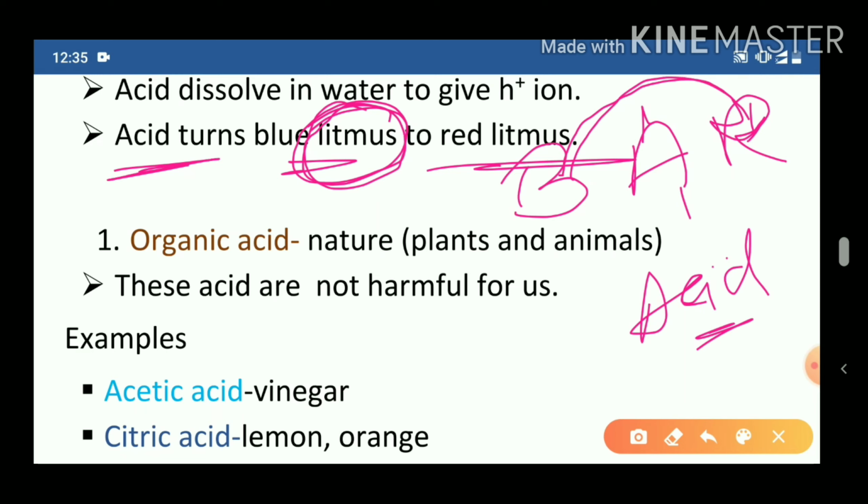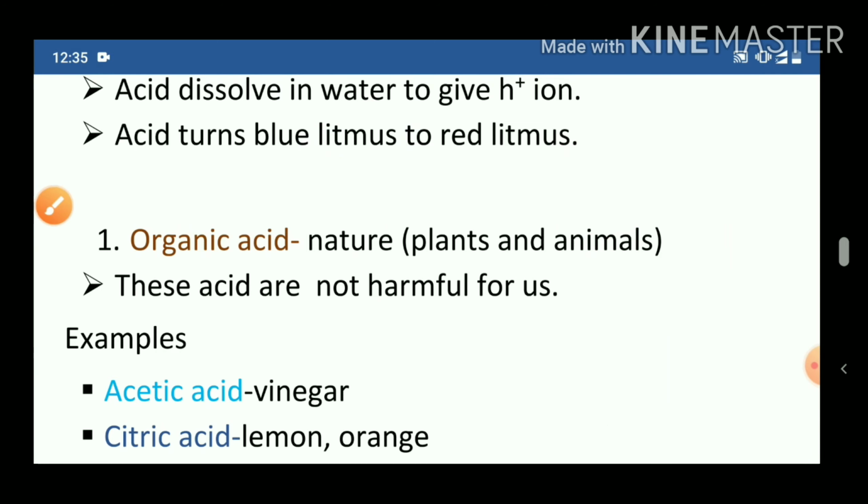Getting my point? This is a very easy trick. Acid converts blue litmus red. So with these three words you can easily find out what litmus does with acid. That means blue litmus paper turns to red. Now these are the physical properties of acid.